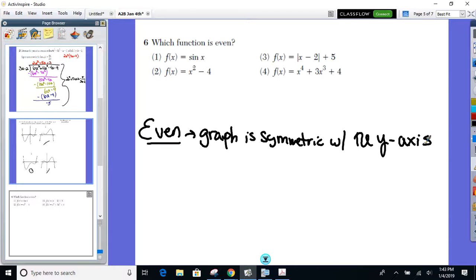The y-axis. Meaning, flip your graph over the y-axis, it matches right up. So I'll give you guys know how to get the absolute value? It's either alpha window for most of you, or you can go under the math and go over the number on top. Math, number on top. Or most of you can just go alpha window. But okay, so go ahead, see which one I can flip over the y-axis and they match up.